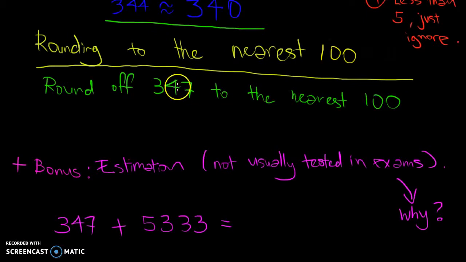Now, rounding off 347 to the nearest 100. How do we do that? I find the number. I said nearest 100, so this is in the hundreds place. Now the Mr. Important becomes this number in the hundreds place. And you look next door. When you look next door, you find that it's less than 5.